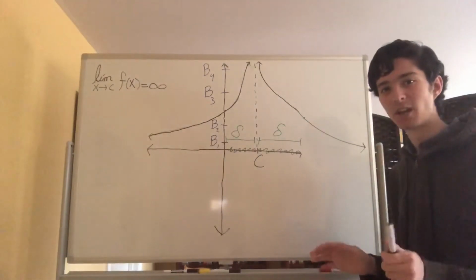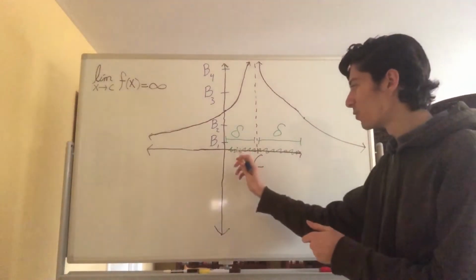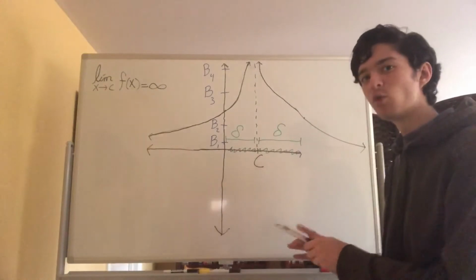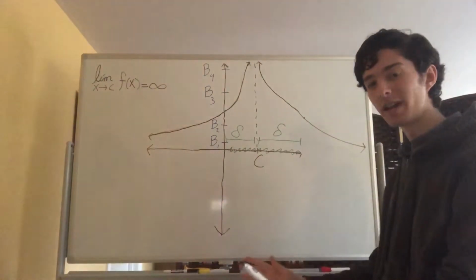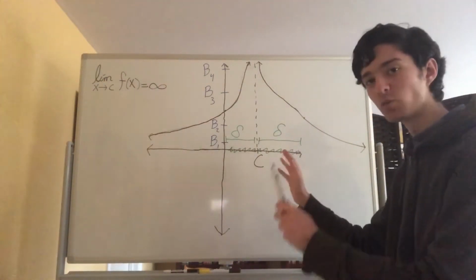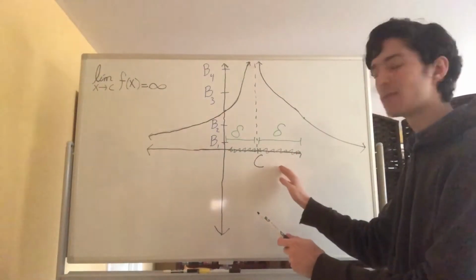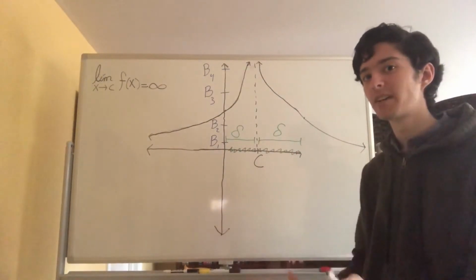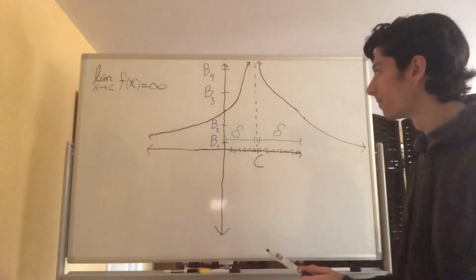So we ask ourselves, if we choose an x value in this range that's within delta of c, within this width, how do we compare the value of our f of x to our value of b?